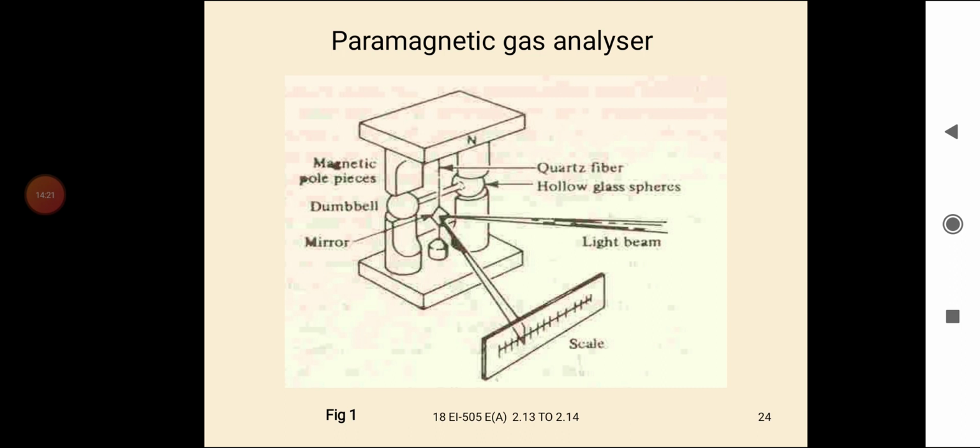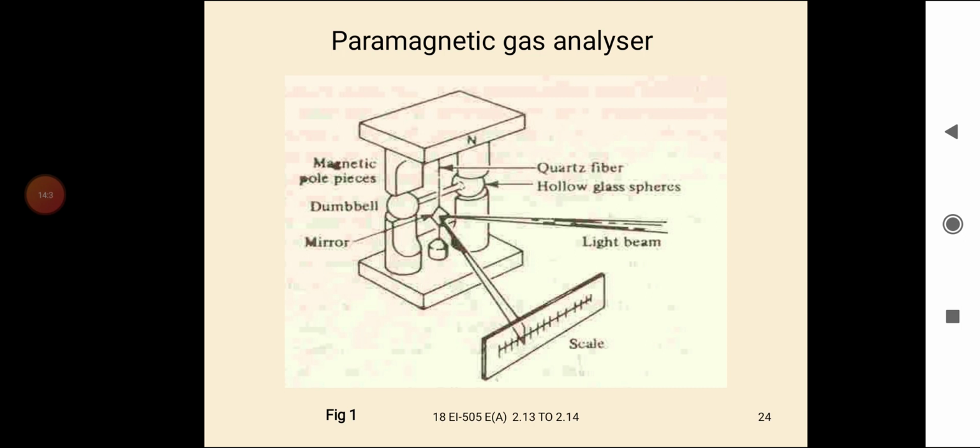The paramagnetic oxygen analyzer is shown in the picture. The upper is the north magnetic pole, the lower is the south pole.